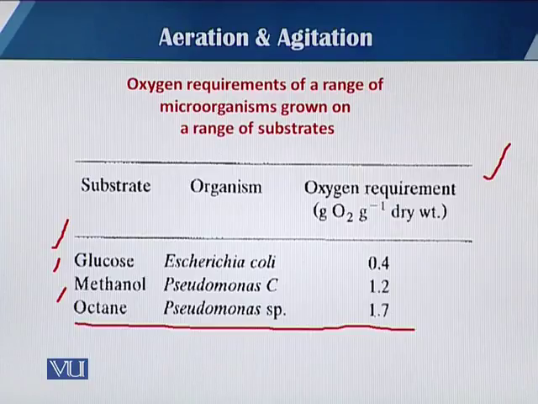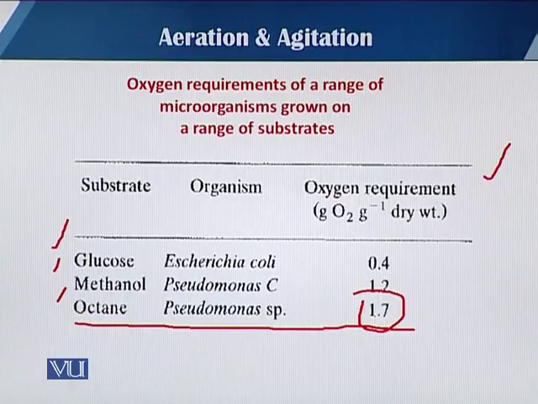At the start of this module, I told you that the oxygen requirement increases with the carbon type. You can see the carbon content in octane is more than in the others, so that's why the oxygen demand is higher in the case of octane compared to methanol and glucose.